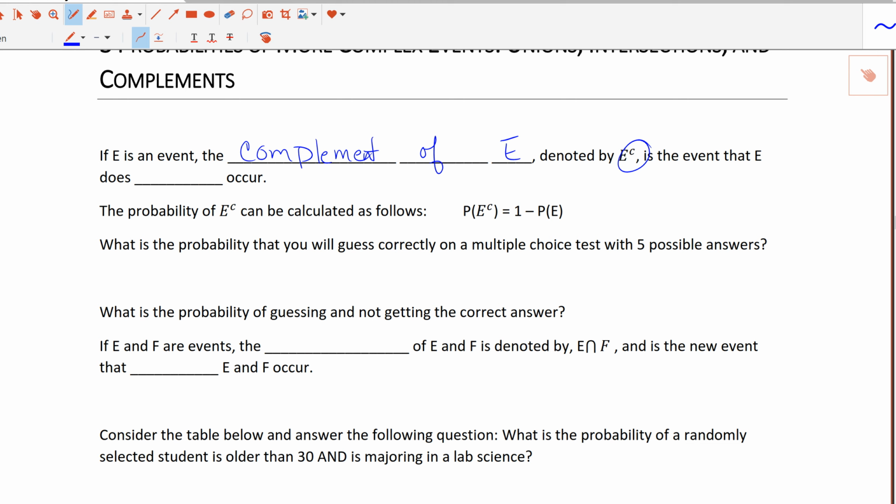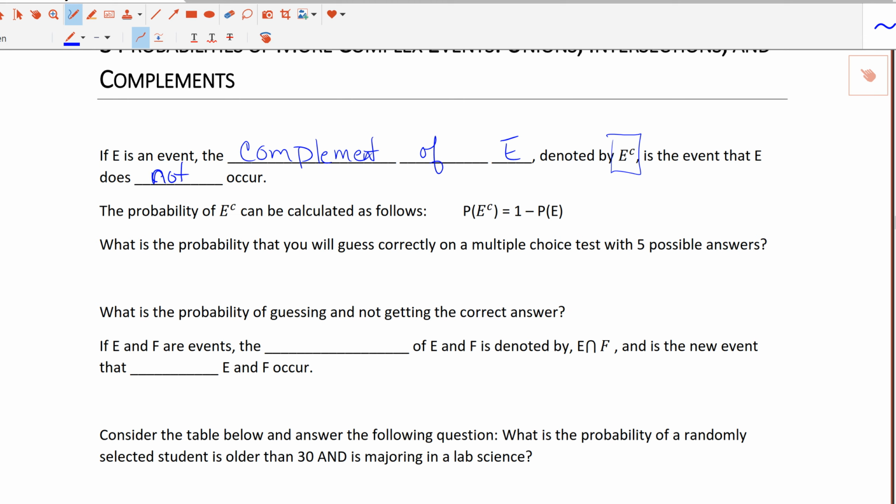Sometimes you see it differently. Sometimes you see it with a bar over the E, or a little apostrophe, or even sometimes like a little hat. There are different notations for it, but in this book, you're going to see E to the C power, means the complement of E, is the event that E does not occur.